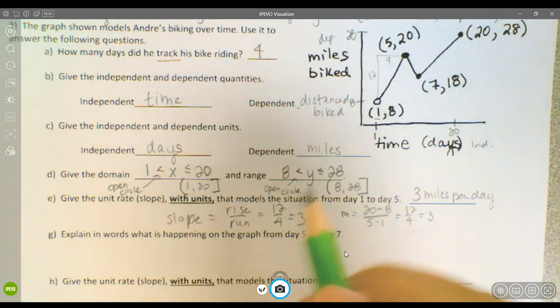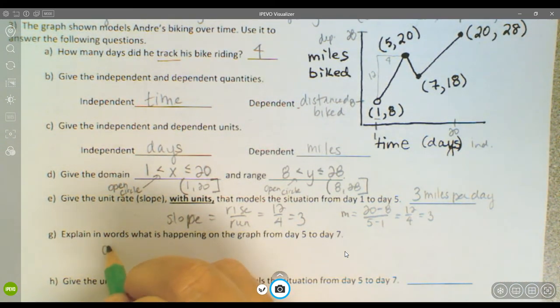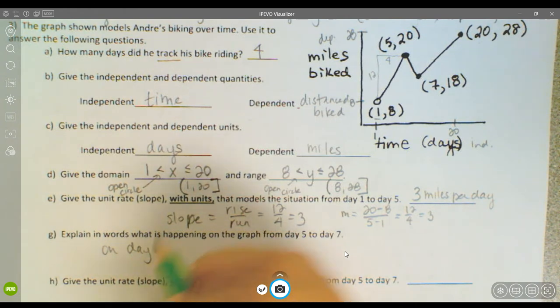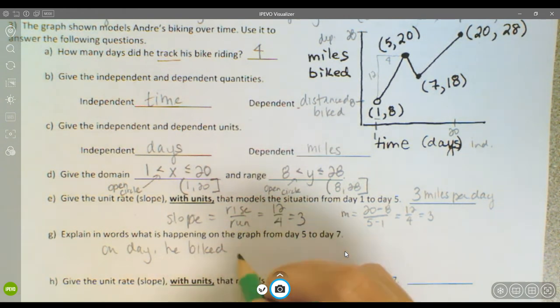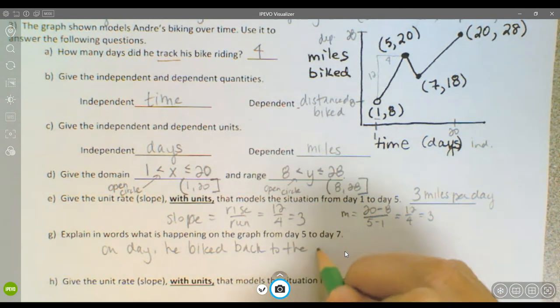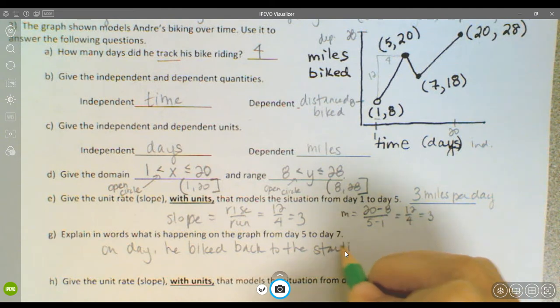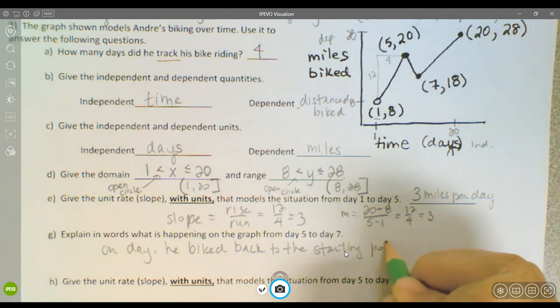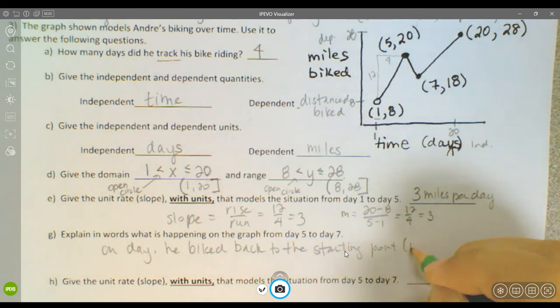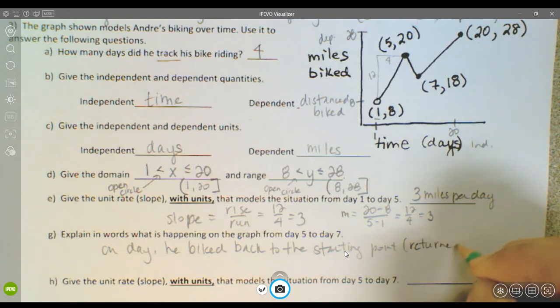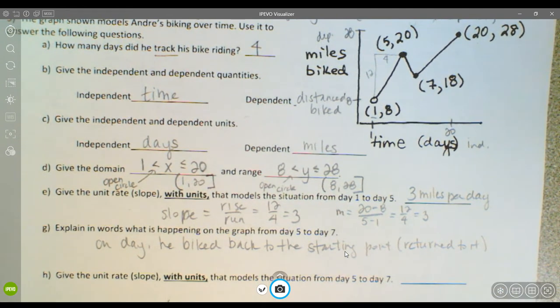So it looks like on day 5, he biked back to the starting point. He's returning somewhere for 2 days.